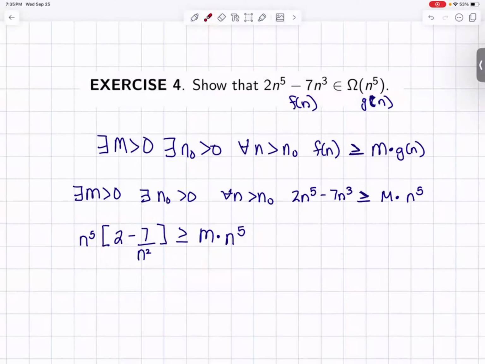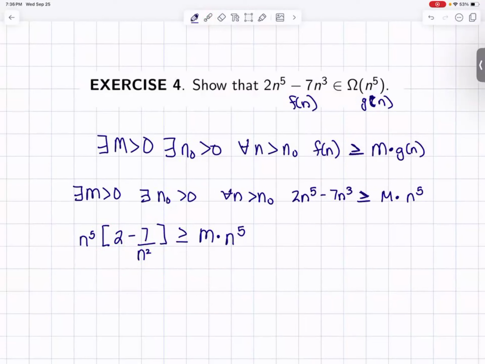So as we've done previously, we're going to try and get this value to hit a 1 if possible. Is there a way for us to hit a 1 with just this one term here of 7 over n squared? So then we'll be able to say that n to the 5 times 2 minus 1 will be greater than or equal to n to the 5, which is greater than or equal to m times n to the 5.